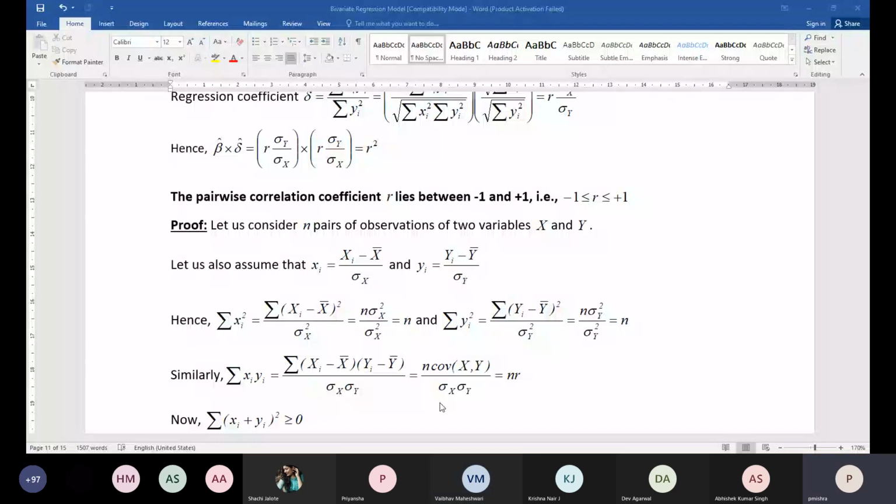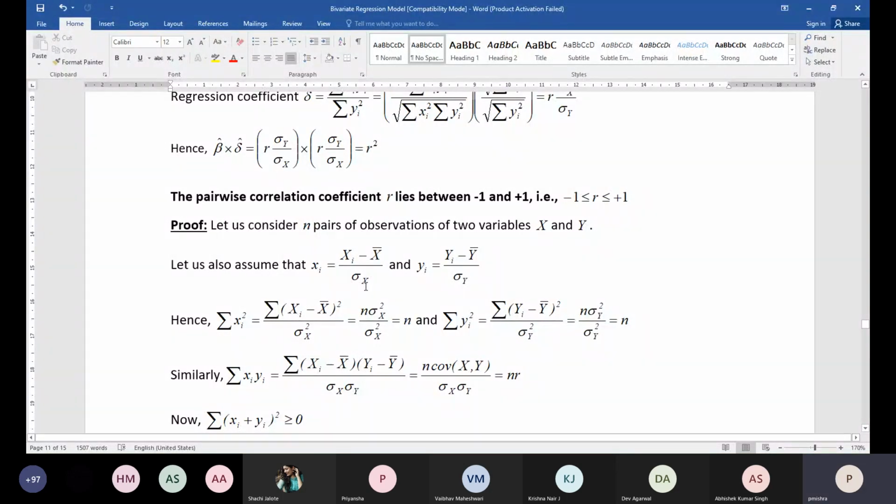What we are doing to prove this, we are basically taking deviation from arithmetic mean and standardizing by dividing by respective sigma.